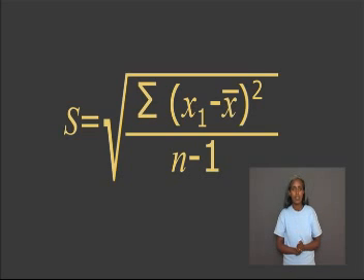To refresh your memory, the equation for standard deviation is the square root of the sum of the squared deviations divided by the number of observations less 1. You may begin the exercise now, students.